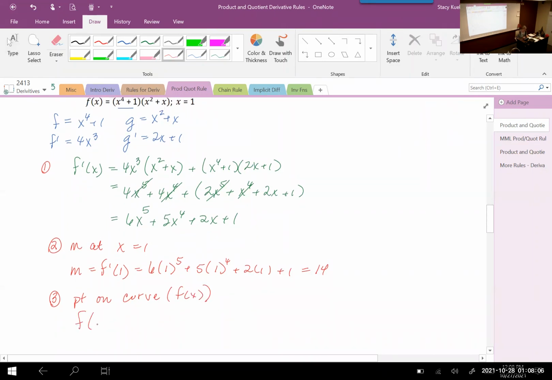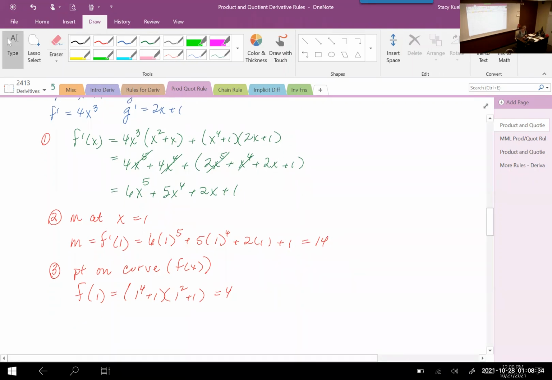So f of 1 would be 1 to the 4th plus 1 times 1 squared plus 1. One plus 1 is 2, times 2 would be 4, right? Okay. So I now know that the point on this curve is occurring at (1, 4).